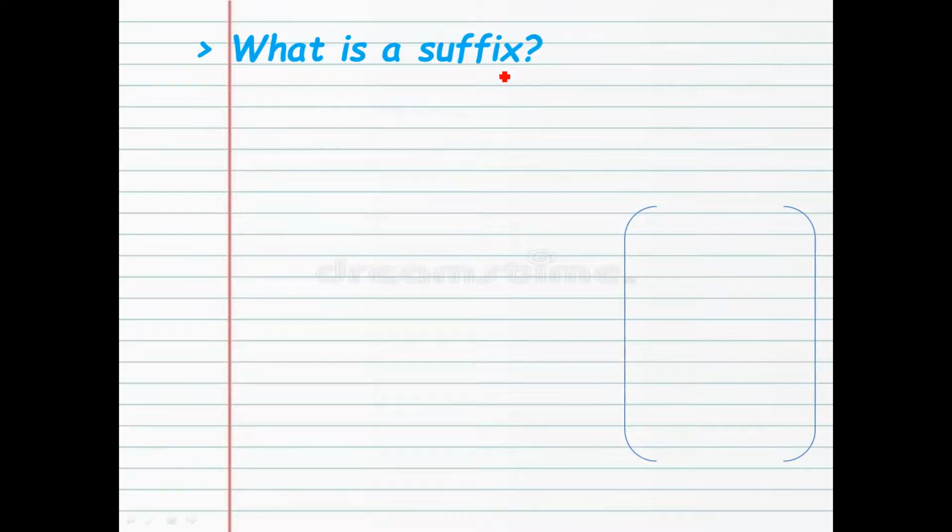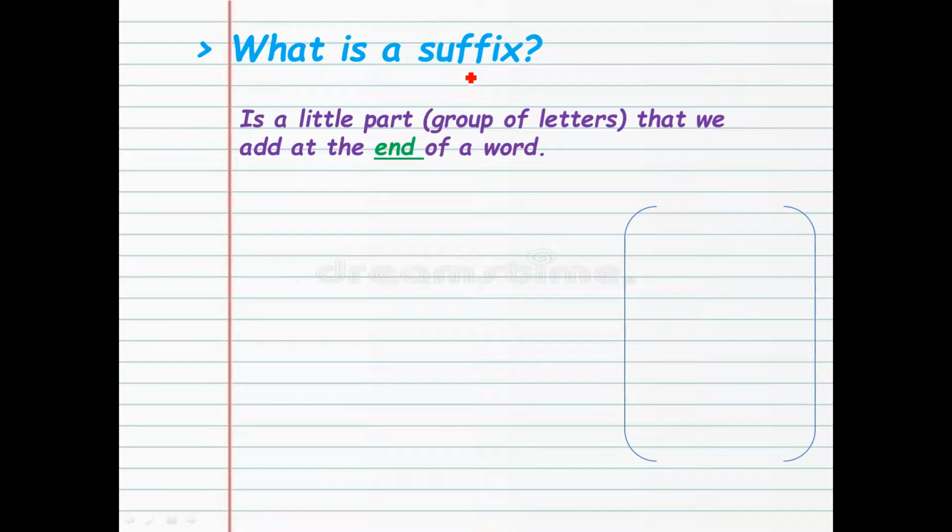Now let's move to the suffix part. What is a suffix? It is a little part, a group of letters that we add at the end of a word. مجموعة من الحروف أو مقطع يضاف في نهاية الكلمة. Okay, في نهاية الكلمة. This is a suffix. Okay, for example, the word agree, which is يوافق، وهنا ننتبه أنها جاءت كفعل.